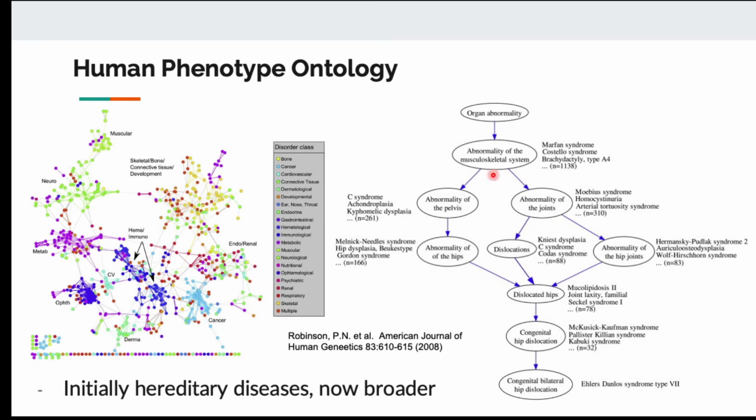So these are related to each other as a network, similar to gene ontology. The Human Phenotype Ontology started off looking only at hereditary disease, like genetic disease, but now they also include generic clinical descriptions as well. Similar to when you go to the hospital and get diagnosed, there are standardized terms for the disease, standardized terms for your symptoms.